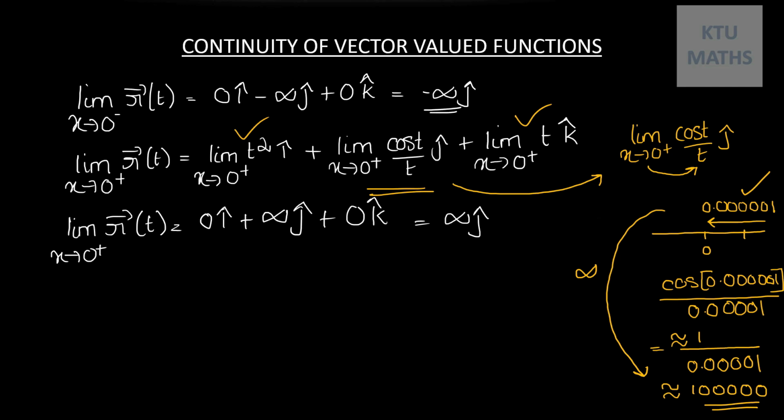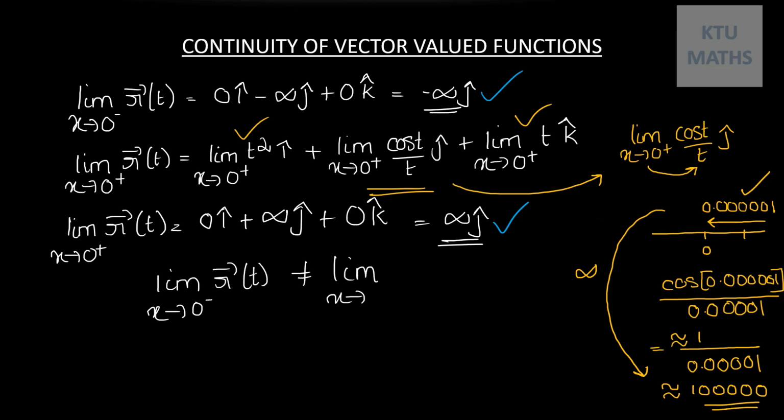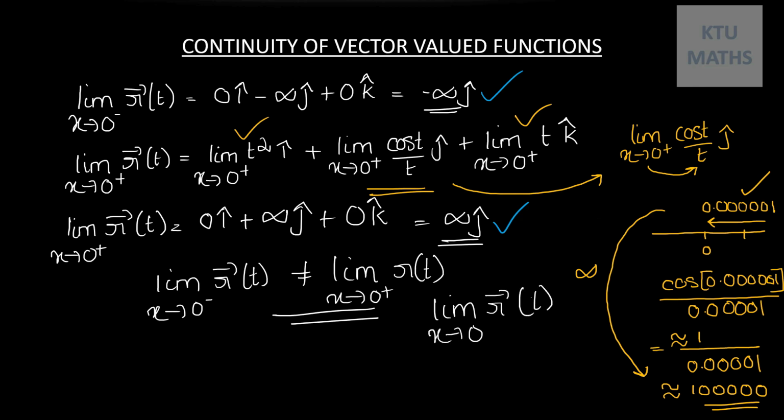Now from these two answers, we have understood that the left limit is not equal to the right limit. Let us write it now. Left limit x tends to 0, vector r t is not equal to right limit x tends to 0, r t. Then this concludes that the limit does not exist. The limit x tends to 0, vector r t does not exist.